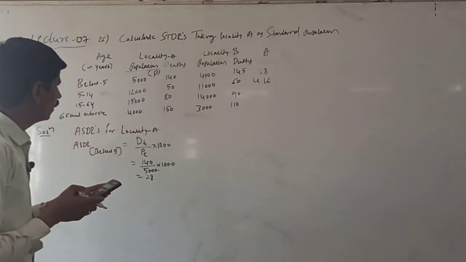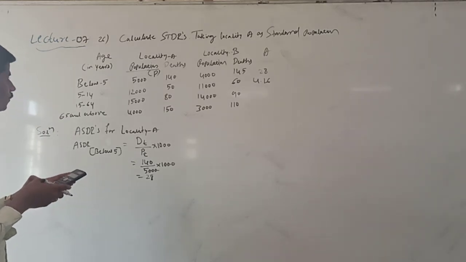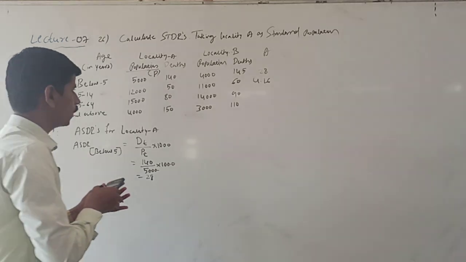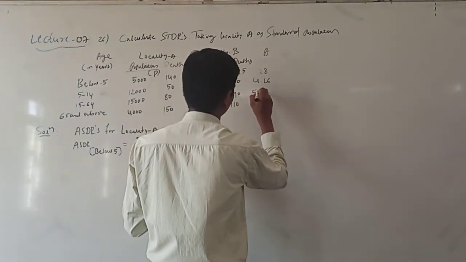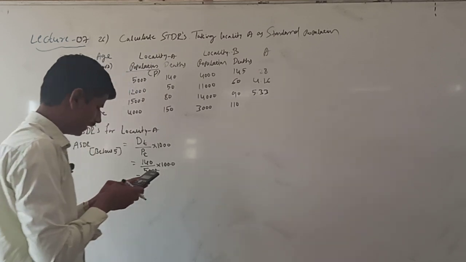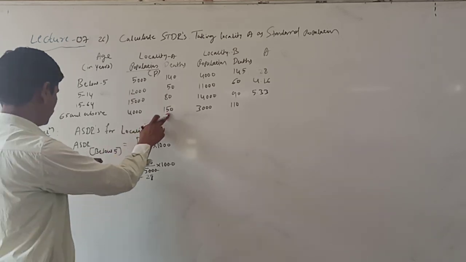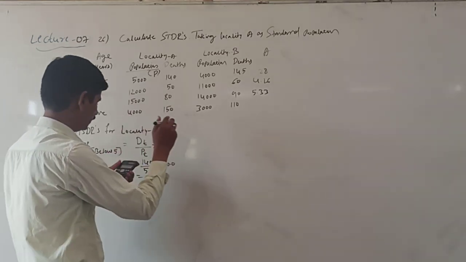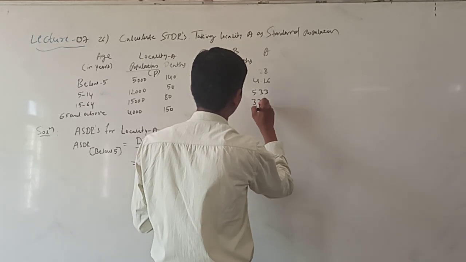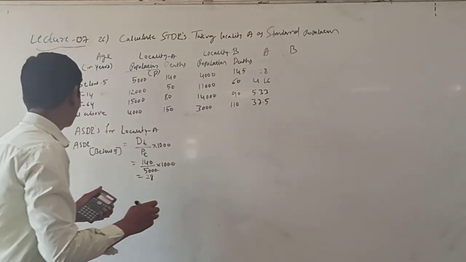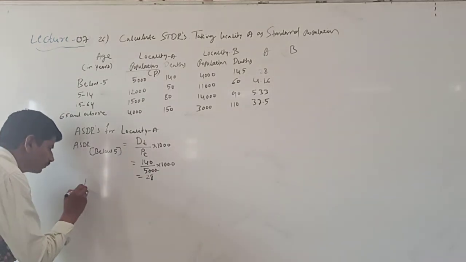The next 80 divided by 15,000 into 1000, then we'll get 5.33. The next 150 divided by 4,000 into 1000, then we'll get 37.5. Next we have to calculate B values, that is ASDR for locality B.